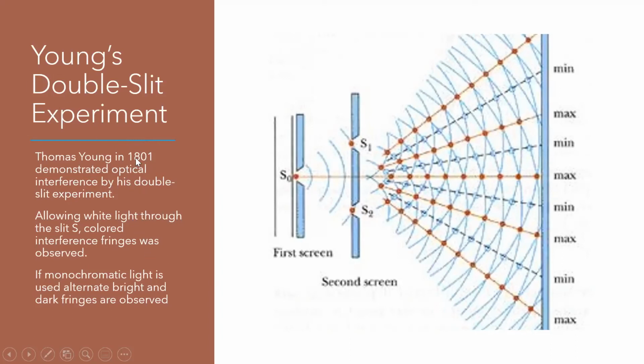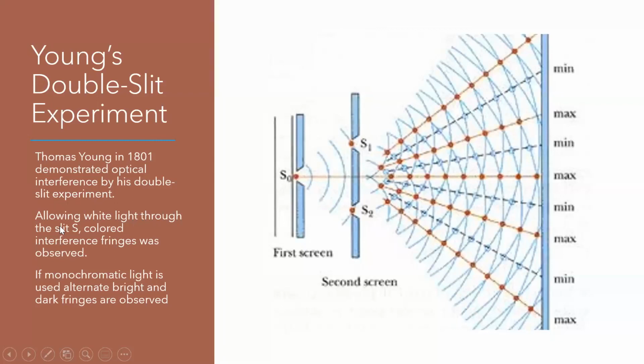Huygens put forward the wave theory in the 1600s, so it took almost 150 years to prove his theory experimentally. Optical means light related. So light shows interference by his double slit experiment.